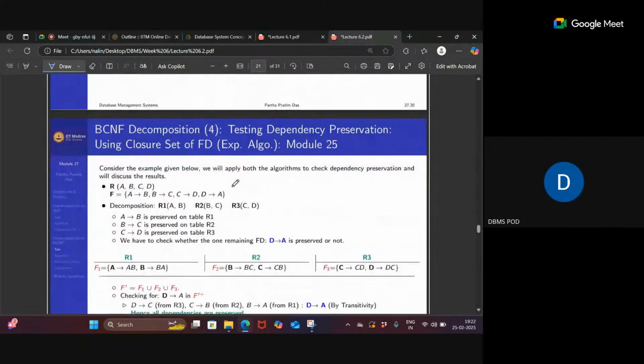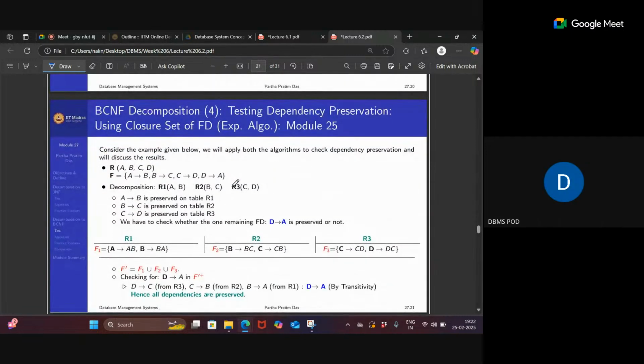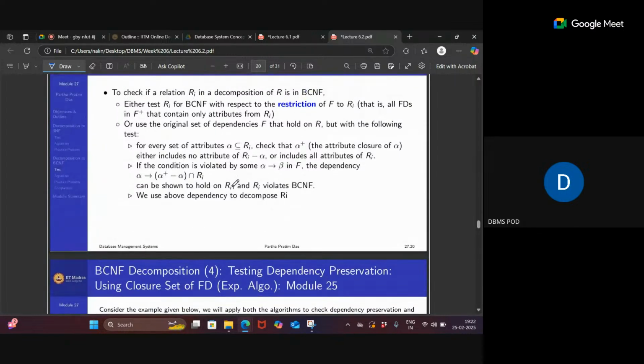Okay. Now decompose it. What is the rule in order to decompose our relation into BCNF? To check if a relation Ri in a decomposition of R is in BCNF, we do the same thing: we check whether alpha determines beta is trivial or whether alpha is a super key.